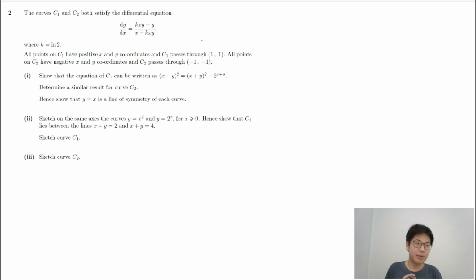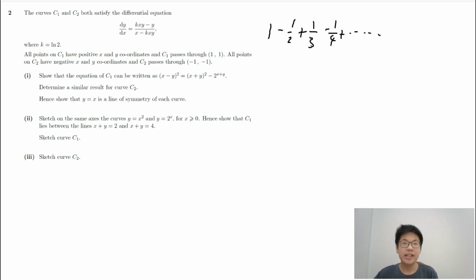Now, I personally have this strange attraction to the natural logarithm of 2 because what drew me to it was this: 1 minus half plus 1 over 3 minus 1 over 4 plus ... And this is called the alternating harmonic series.